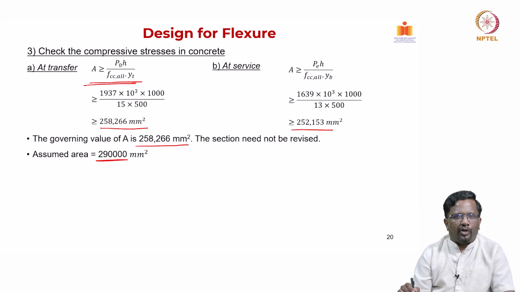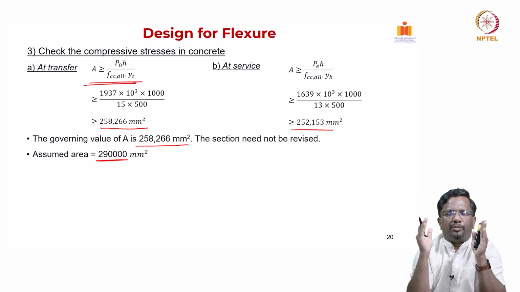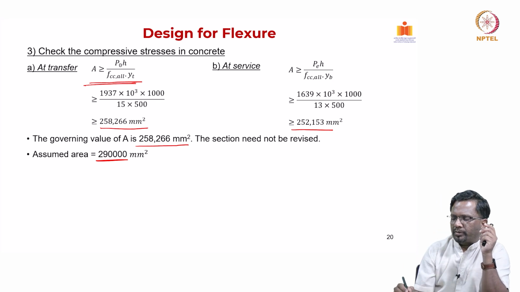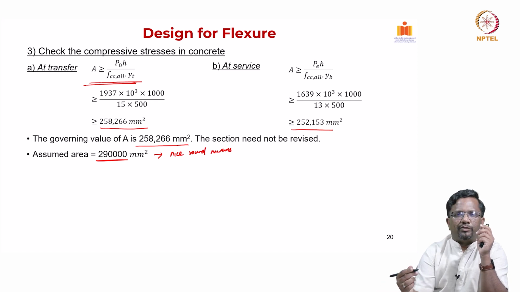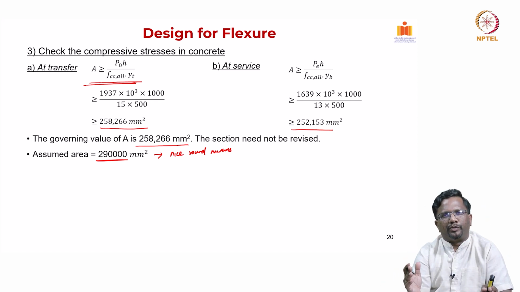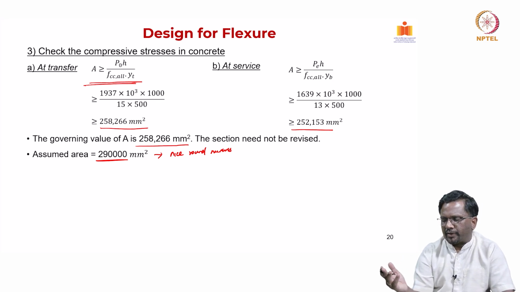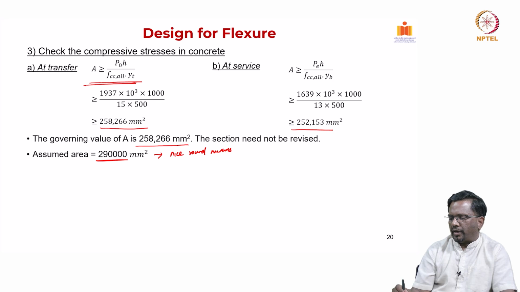That means if you want, slightly you can reduce the flange width, maybe from 500 to 450. But I don't want to do it, because I wanted to keep it as nice round numbers, okay, because construction would be easy, right? But you can, if you want, try for 450 mm flange width also, it should work, okay, but I didn't want to do that.